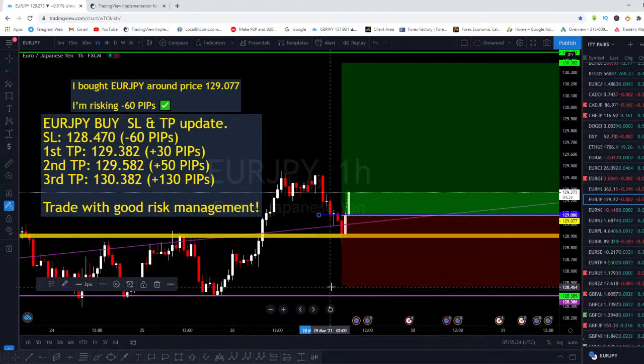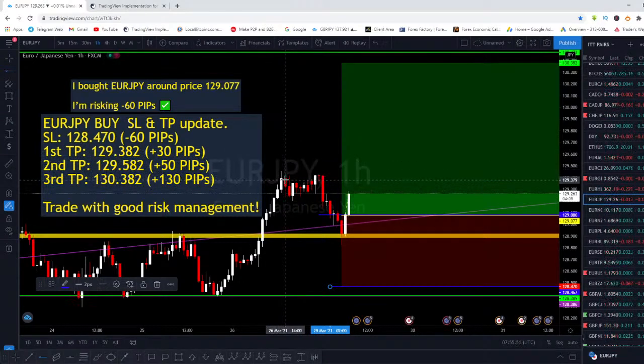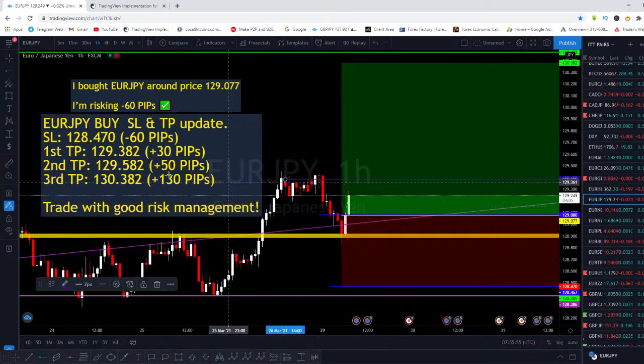So let me put my levels. First take profit is around 129,382. So I want to put them so that I can understand where my stop loss and take profit is, right? 382. Let me just leave it like that.